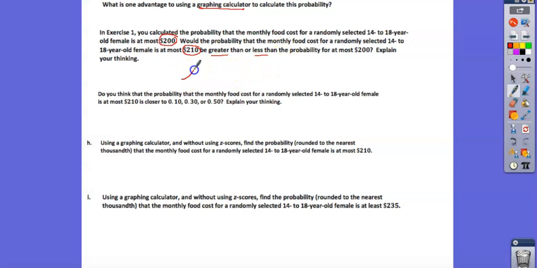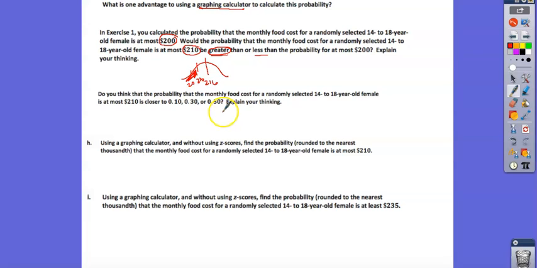Well, if I look at my little picture here, you have to know the mean is at 216. And here is 200, and here is 210. So you definitely have more area with the 210 than you do with the 200. It would be greater. I always draw the little picture of a normal data distribution if you're not sure about things, okay?